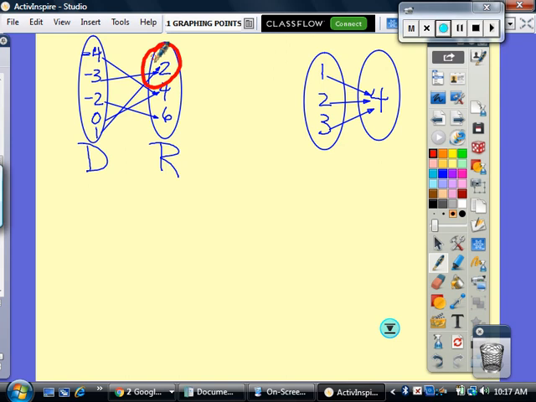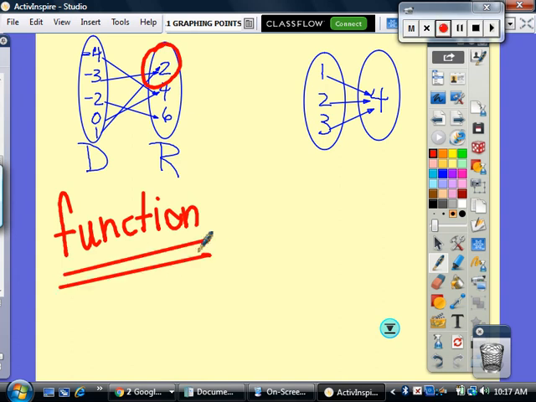Does the definition say each element of the range occurs one time, or each element of the domain occurs one time? Each element of the domain is paired with exactly one element of the range. So as long as all of these just have one arrow coming out of them, I would draw that down as one of my examples, and underneath that I would say that is a function, okay?